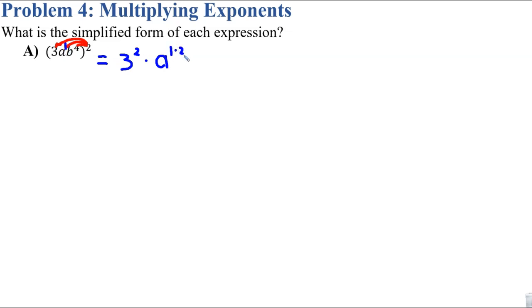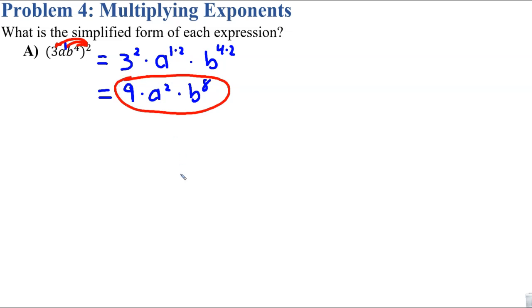A to the 1 times 2, which will just be a 2. And then times b to the 4 times 2. So in other words, we're left with 3 squared, which is 9, times a squared, times b to the 4 times 2, which would be b to the 8th. All right, we'll say that's the simplified form of this one here.